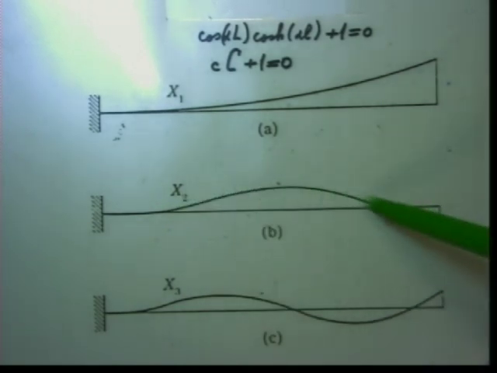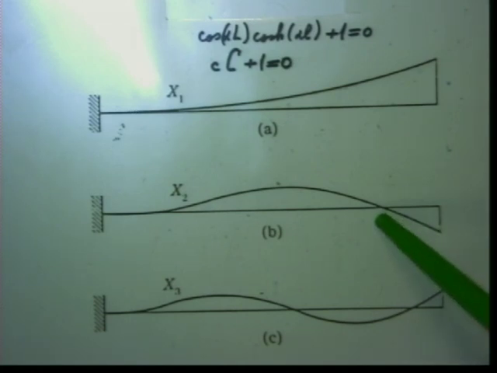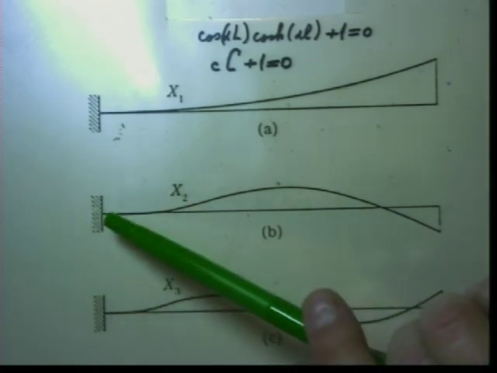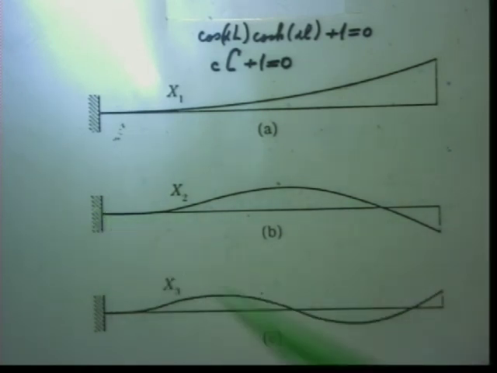Now, second mode has one inner node and one boundary node. Third mode has two inner nodes and one boundary node.